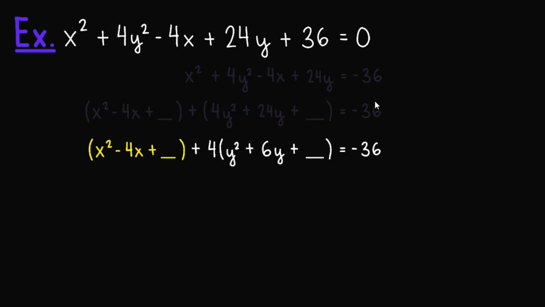The trick here is to focus on the coefficient of the middle term, which is negative 4. We divide this by 2. So negative 4 over 2 gives us negative 2. We square this one, and that would fill up the blank, so we'll have 4.